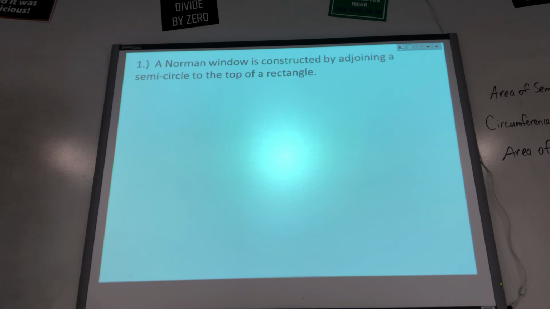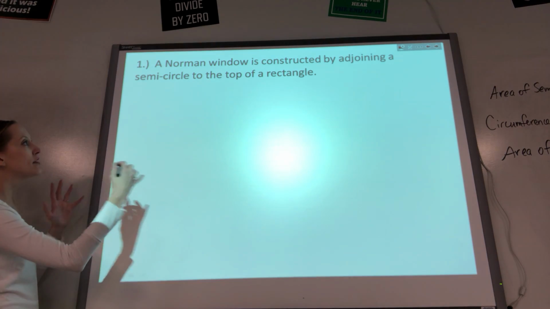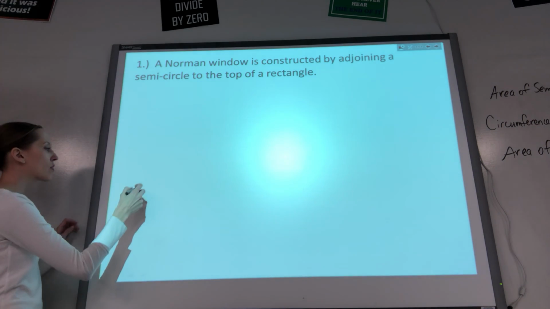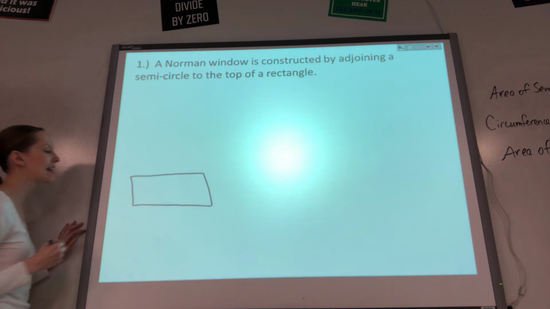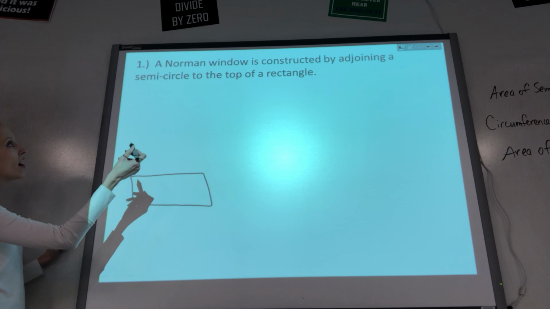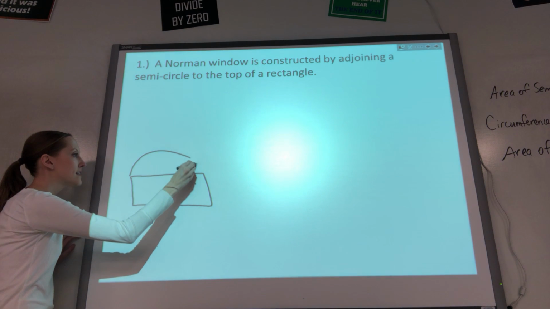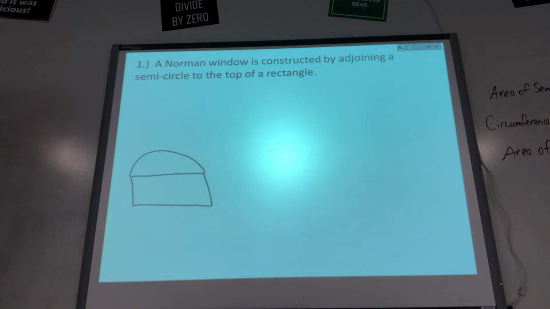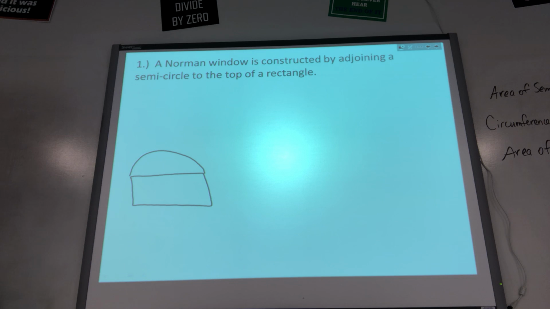It wouldn't be a bad idea to put this down in your notes too, just so you know what we're working with. You could make your rectangle go either way. I usually just do it long ways like that. There's my rectangle. So a Norman window is constructed by adjoining a semicircle, so like half of a circle, that's the best circle I've got, to the top of a rectangle. That's going to be a good start there for our Norman window.